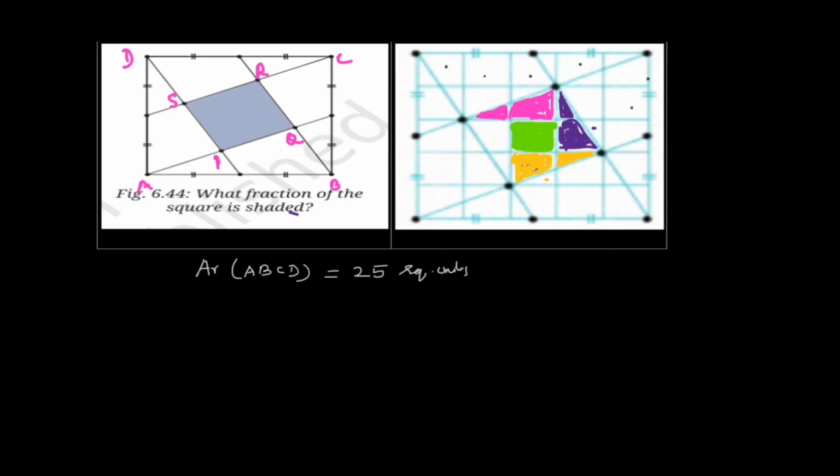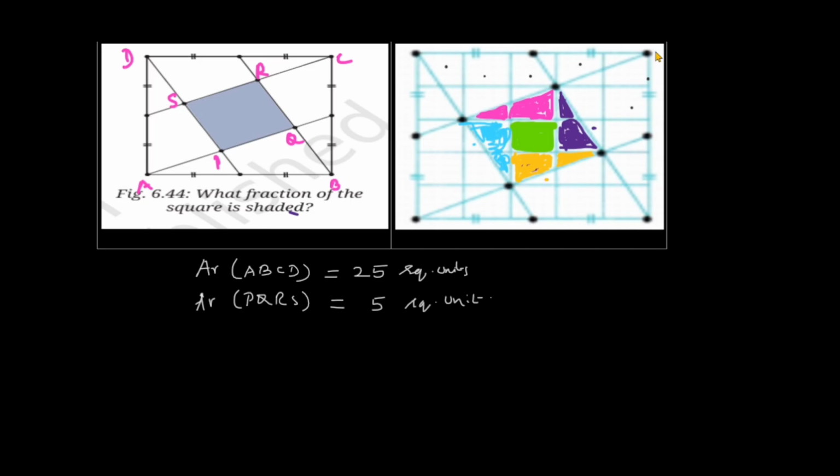And one more square. So this square, here the leftover portion is shaded here. So totally 5 colors are there. For each color, the occupied area is a square. So area of PQRS is equal to 5 square units.